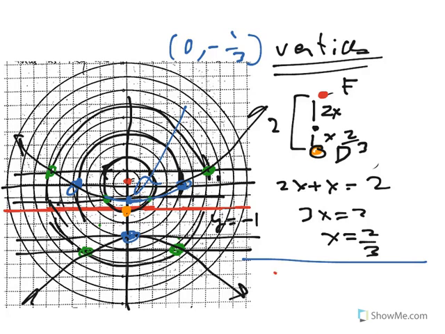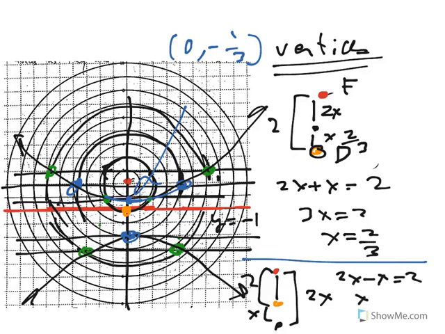I'll calculate it the same or similar way. So here's those 2 points that are 2 units apart, and there's a point somewhere out here, so that this would be 2x and this would be x. It's twice as far from the red as it is from the yellow. In this case, the difference, 2x minus x, would have to equal 2. This is 2.